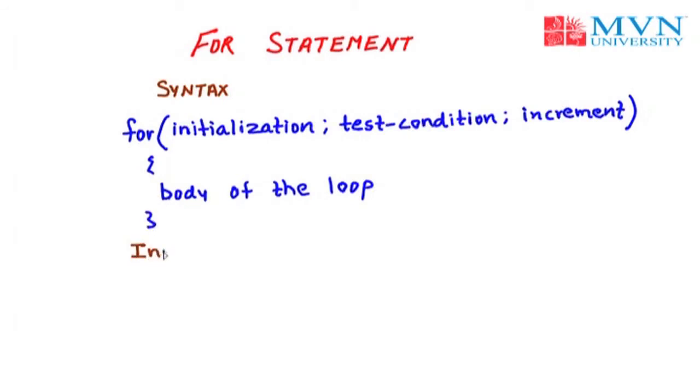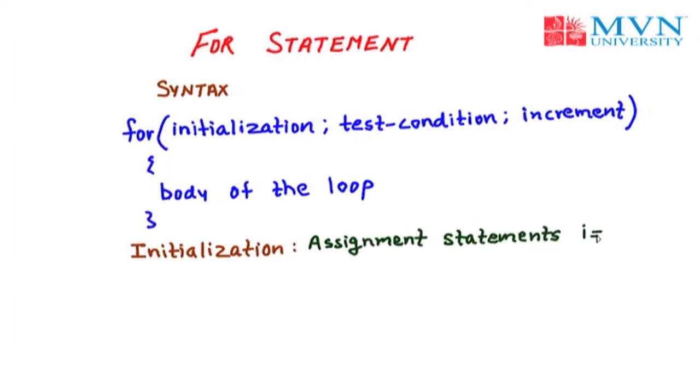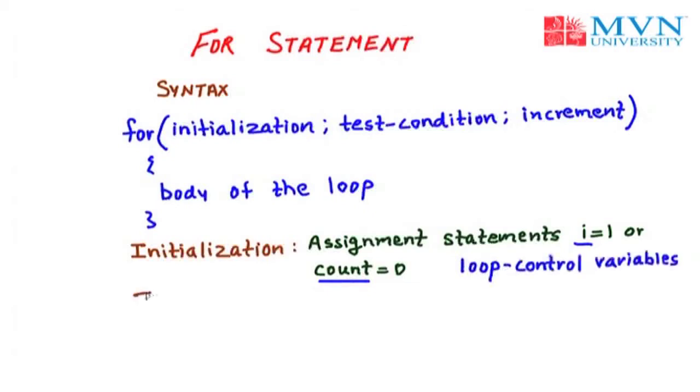In the initialization part, we use assignment statements such as i is equal to 1 or count is equal to 0. The variables i and count are known as loop control variables. The second is the test condition.